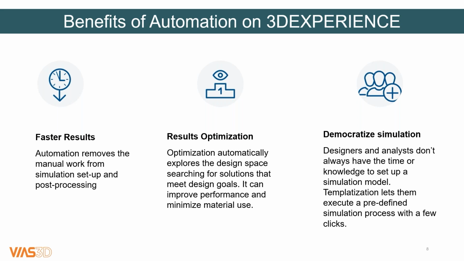One of them is that you get faster results, which means that automation can remove the manual work to set up your model, which is basically pre-processing, and it can also save a lot of time in post-processing. You can do that in 3DEXPERIENCE, and we'll show you the ways in the next few slides.